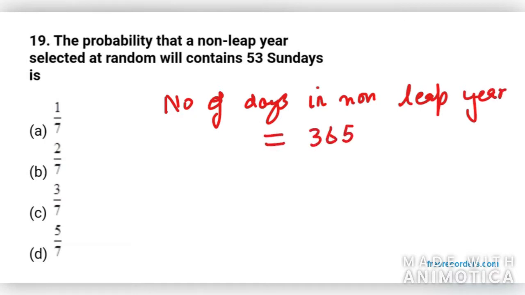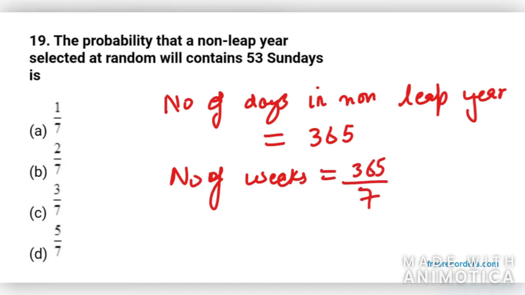The number of weeks in a year will be 365 over 7, which is equal to 52 and 1 over 7. That means there are 52 weeks. Out of this, 1 day is left. The number of days left will be 1.